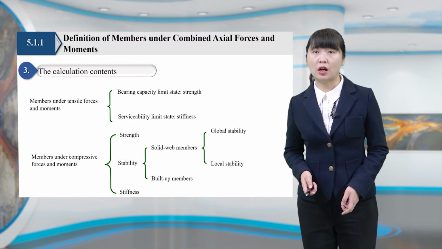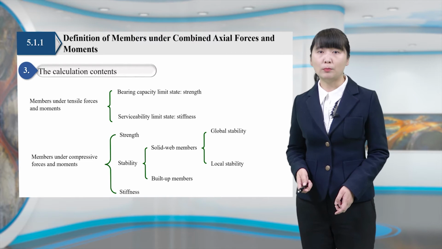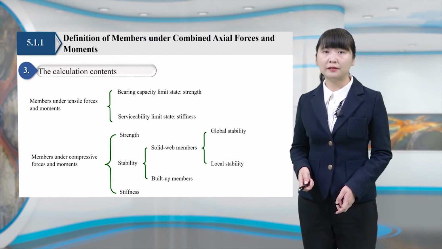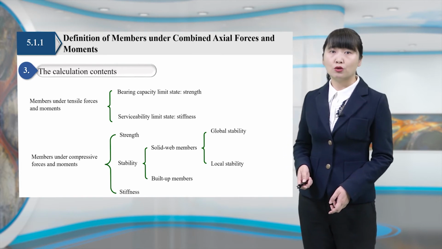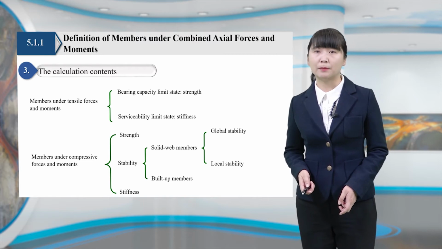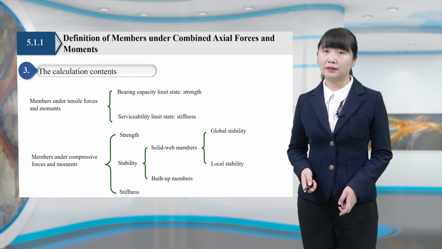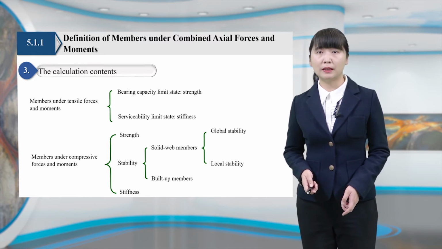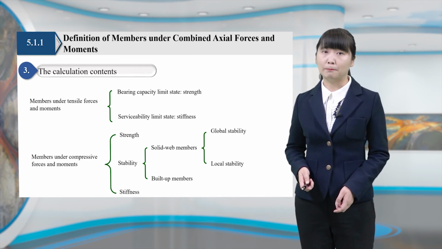The calculation contents of members under compressive forces and moments include the strength checking, the stability checking, and the stiffness checking. Stability checking should be conducted for both solid web members and built-up members. Both global stability checking and local stability checking should be conducted for solid web members.